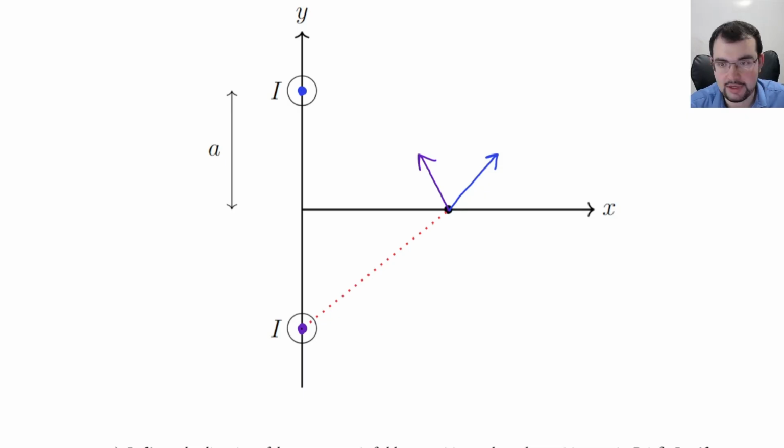So if we look at what happens for our net magnetic field, and I could have done a better job, we see that we get some canceling that's going to happen due to symmetry. So if we drew this out, we'd see that the left and right components cancel, and the vertical components are going to add. So what's our net B field? Well, our net B field is going to be up.